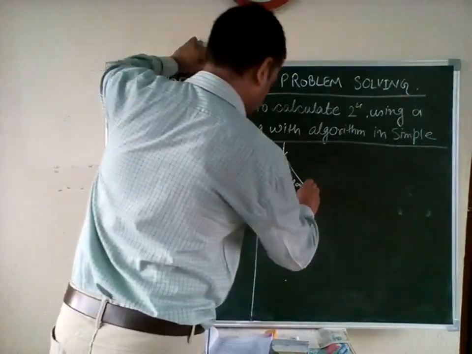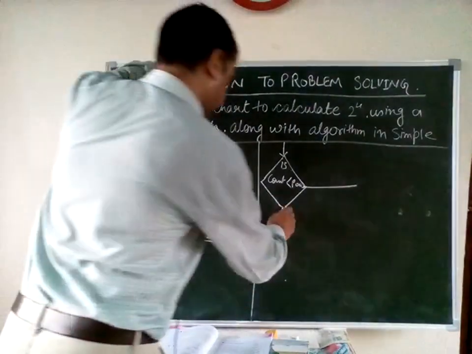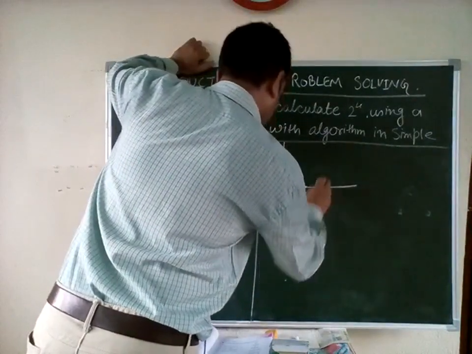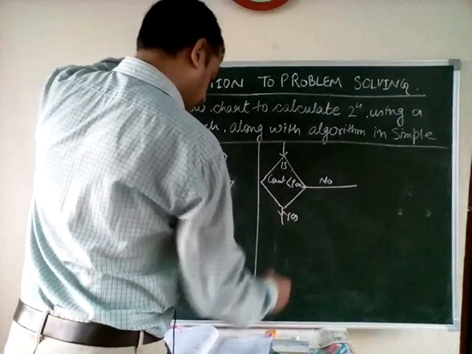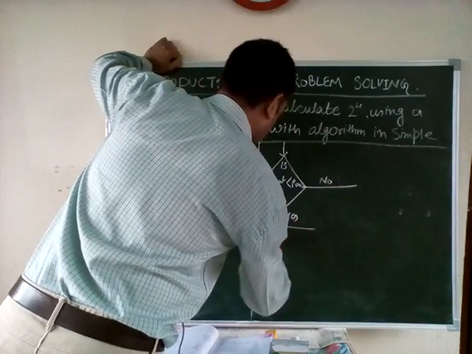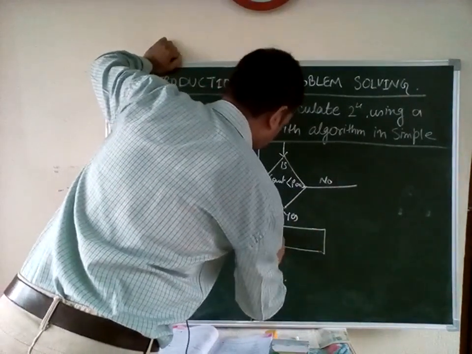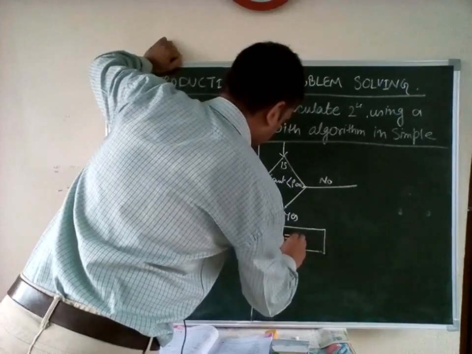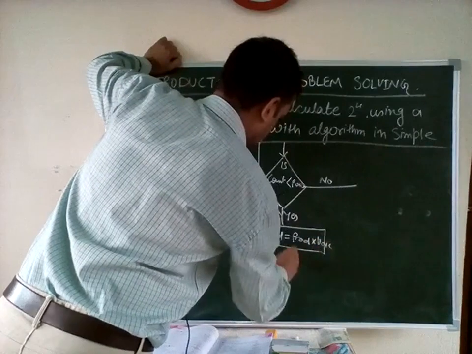If yes, then what should it do, and if no, then what should it do. So if it is yes, if it is no, the no part will go to that side. If yes, then you want the product. So again this is the processing part. So I am writing in this: product equal to product into base.